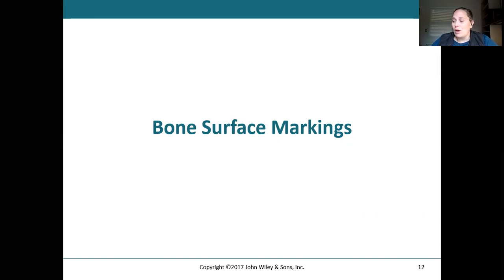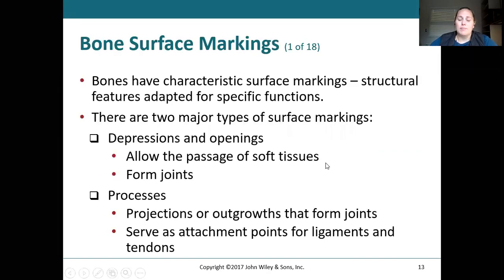I'm not going to show you a random bone that isn't in one of these two locations and ask you to describe the bone surface markings. I'm just trying to bring this down to a very manageable place and get a good basic understanding of the skeletal system.